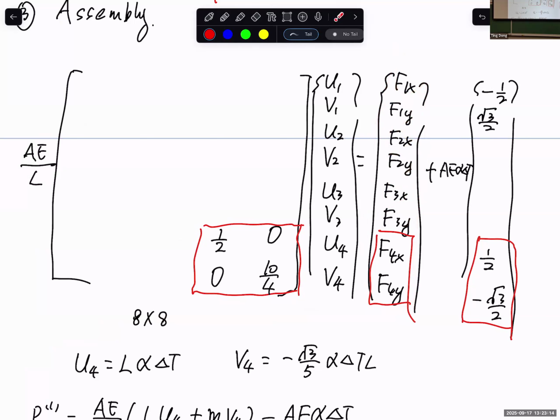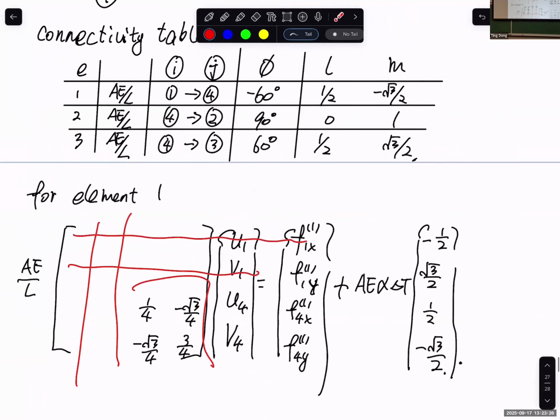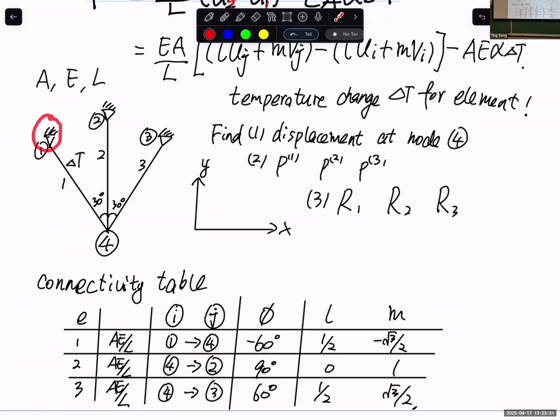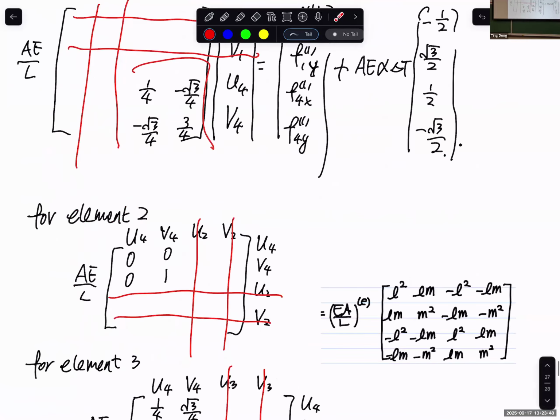And I mentioned at the beginning of the semester that externally applied force at node 1, 2, 3 is the same definition as reaction force at node 1, 2, 3, because you can simply consider that the external applied force at node 1 is the force applied by this pin joint to node 1. It's the same thing. I can use my hand to grab it to make sure it does not move. You can say that the force applied by my hand is external applied force, but you can also say that it's reaction force, right? So yes, that is a standard procedure.